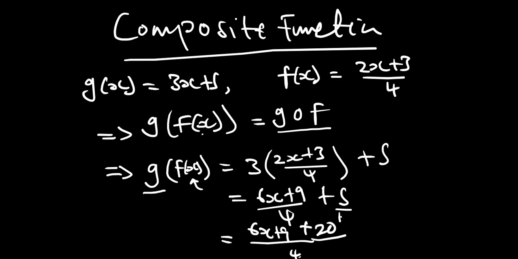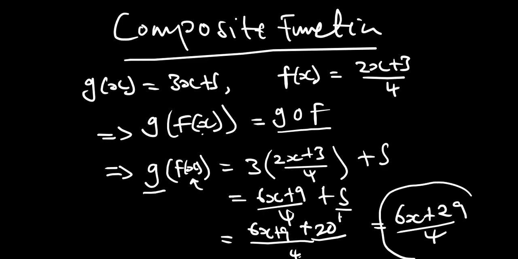So that gives us (6x plus 29) divided by 4. This is the composite function g of f of x.